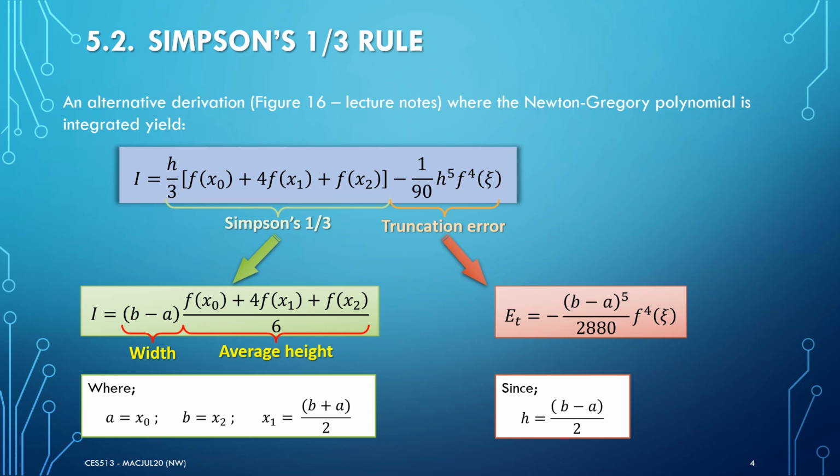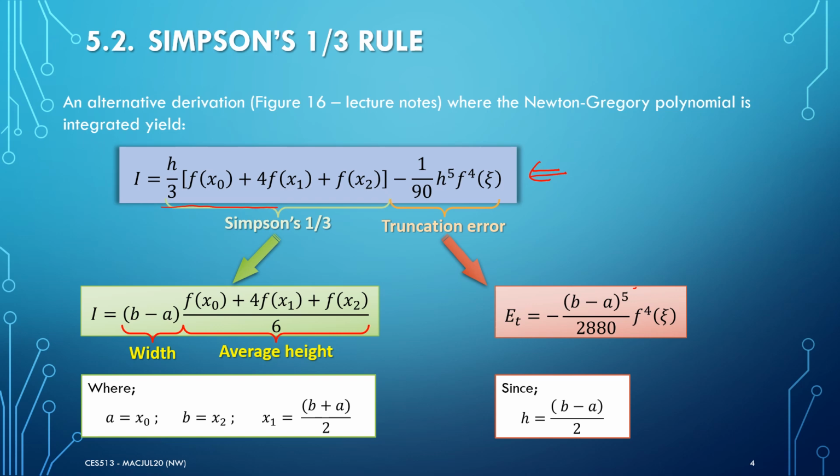If we could refer to figure 16 in the lecture notes, there's an alternative derivation which shows where the Newton-Gregory polynomial is integrated to yield the equation of this integration, which is h over 3 multiplied by f(x0) plus 4f(x1) plus f(x2) minus 1 over 90 h to the power of 5 and the fourth derivative of f(xi).